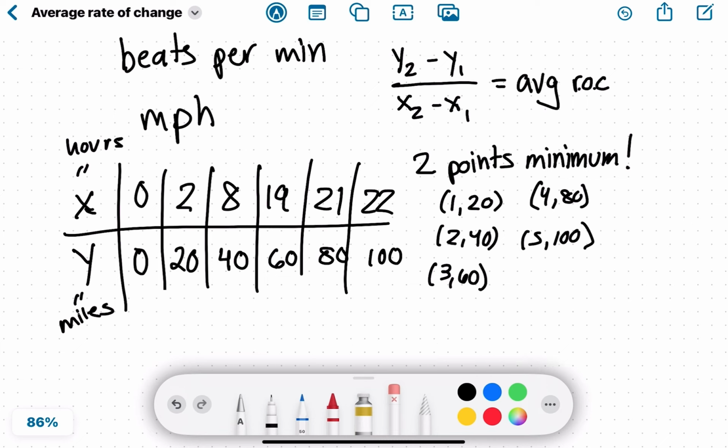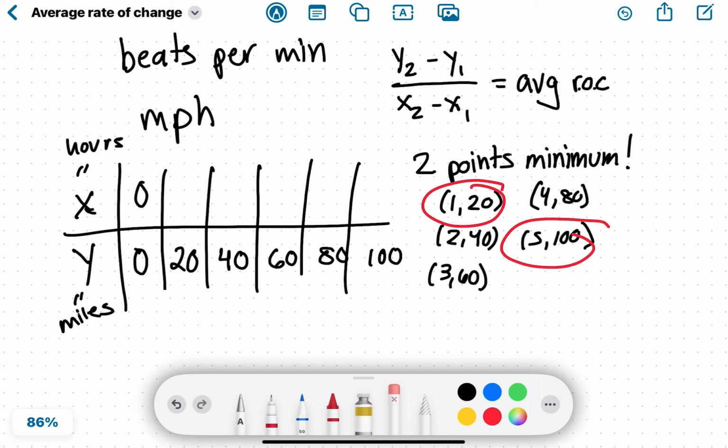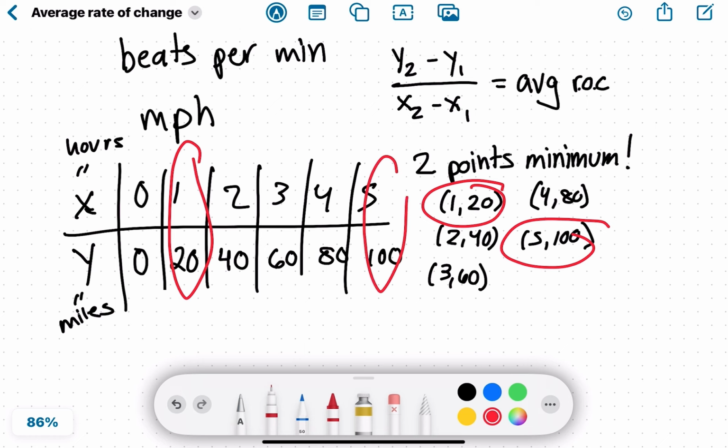So in this case, we are going to use this point and this point. Let me fix the x values now. So we're using this one and this one. Oh, no, actually, I forgot the point, 0, 0.